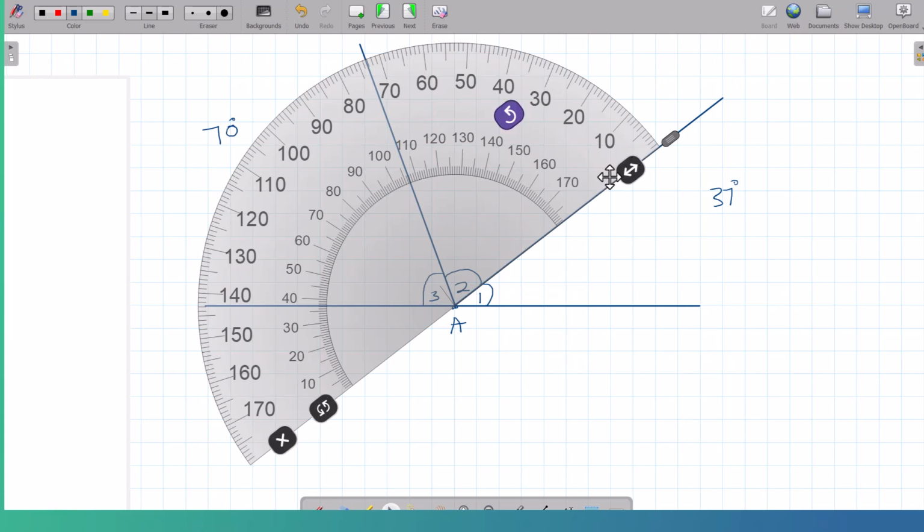So who can tell me? Do you think I'm going to use the inside scale or the outside scale? I am measuring from this line. Am I going to use the inside scale or the outside scale? What do you think? Inside.